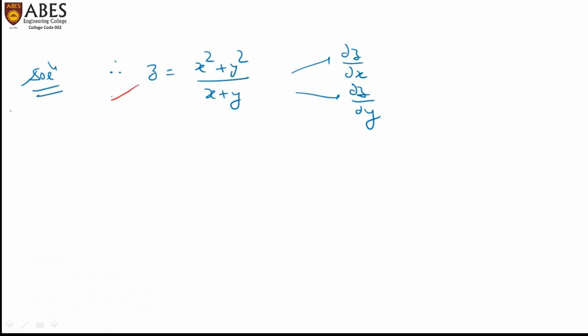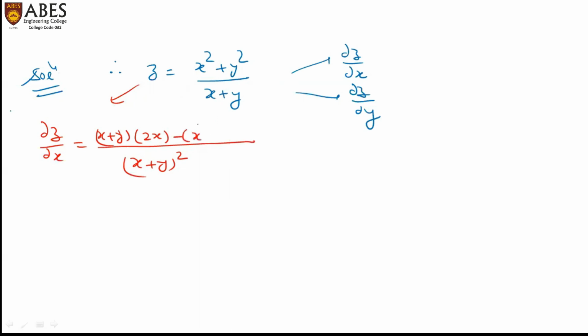If we differentiate z partially with respect to x, treating y as a constant, we will get del z upon del x equals, here it will be the division rule. So x plus y whole square, and the derivative of the numerator is 2x, and the derivative of y square will be 0, minus numerator same, and the derivative of the denominator is, with respect to x, 1, and the derivative of y is 0.